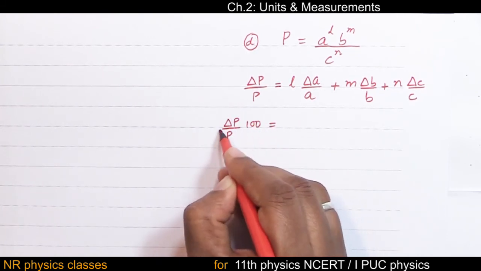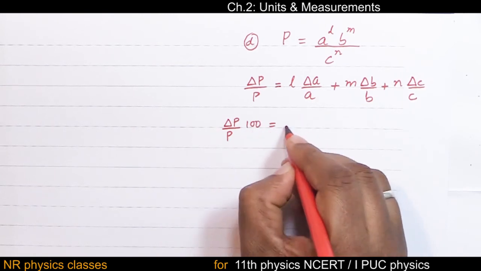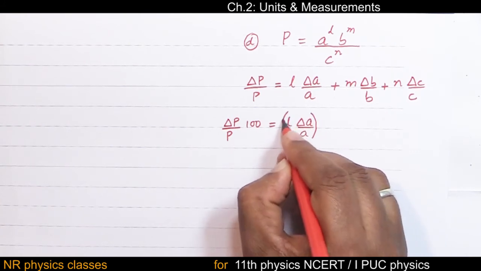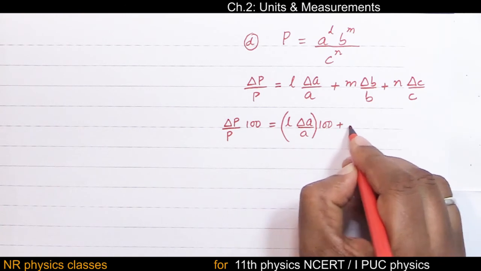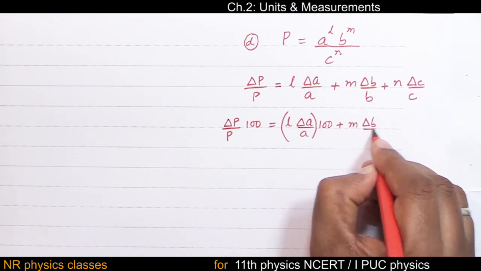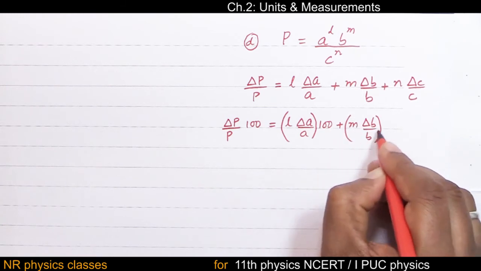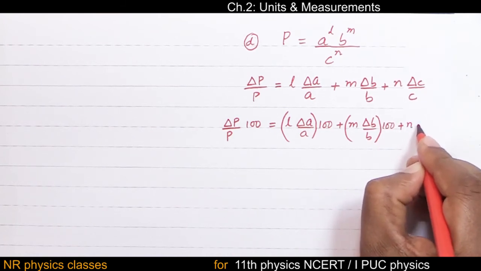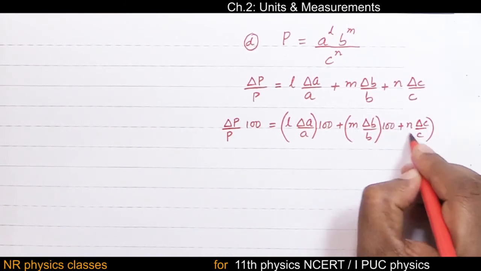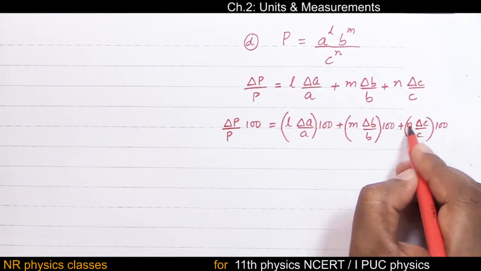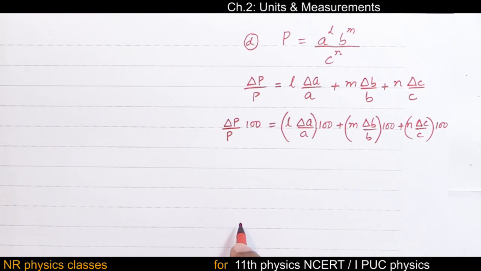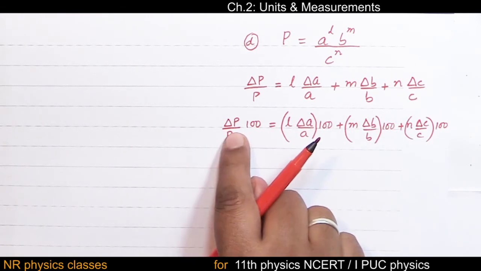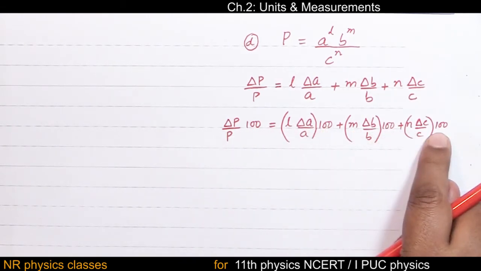So the percentage error in the measurement of P equals L times the percentage error in the measurement of A, that is this into 100, plus M times delta B by B, the percentage error in the measurement of B, plus N delta C by C into 100, the percentage error in the measurement of C. So relative error means you have to consider relative errors. Percentage error means you have to consider percentage errors.